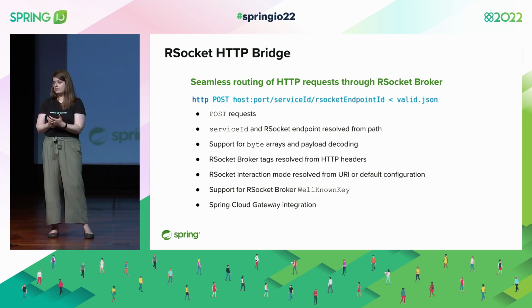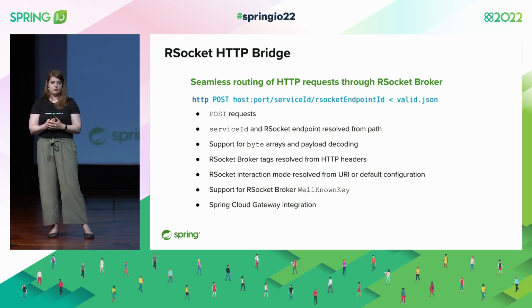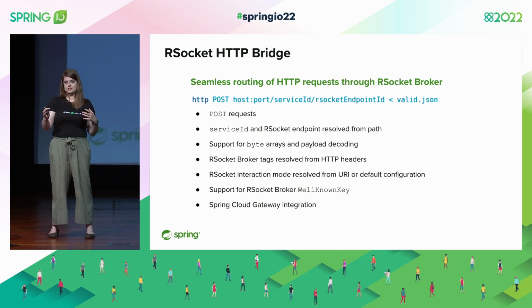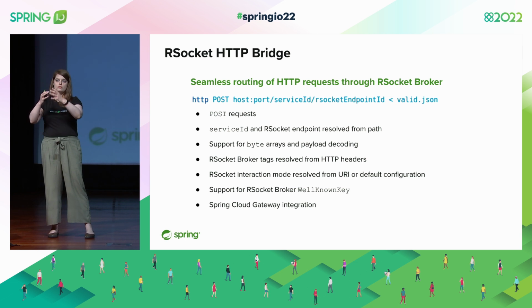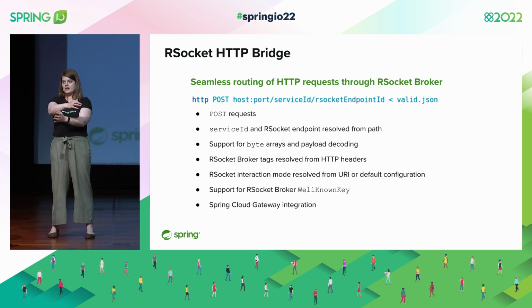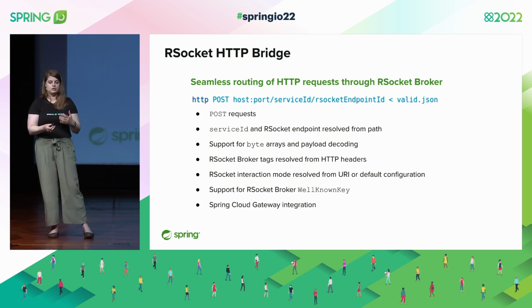And we, however, often might have this problem that we have all this stack and all our applications and maybe some external clients that we cannot influence running with HTTP and sending HTTP requests. And it might be difficult for us to start introducing a new protocol and a different broker instead of the gateway that we always used.